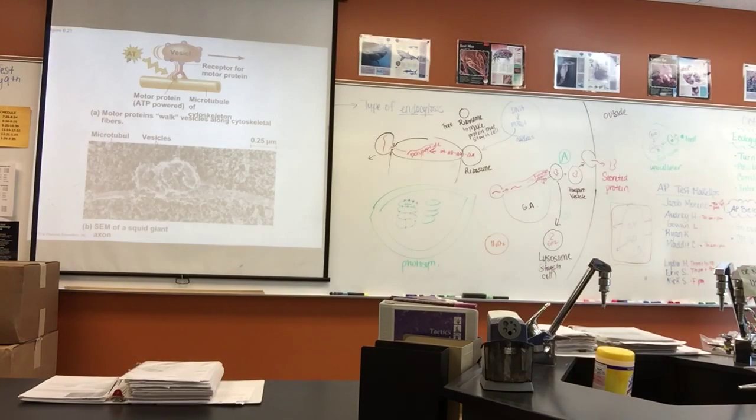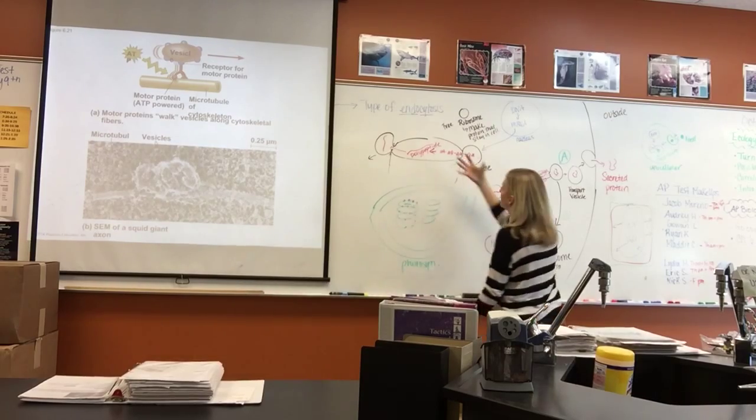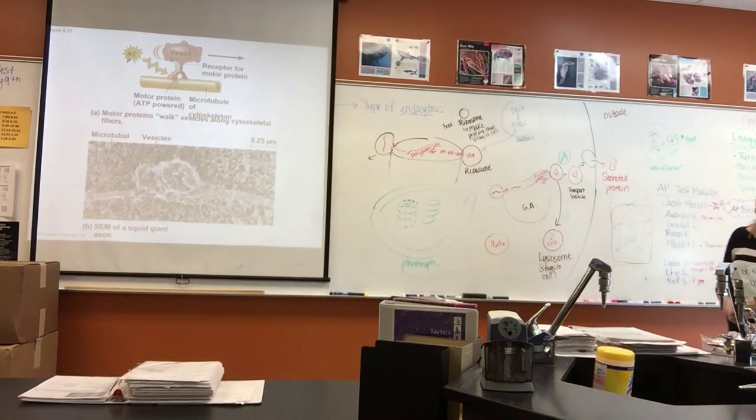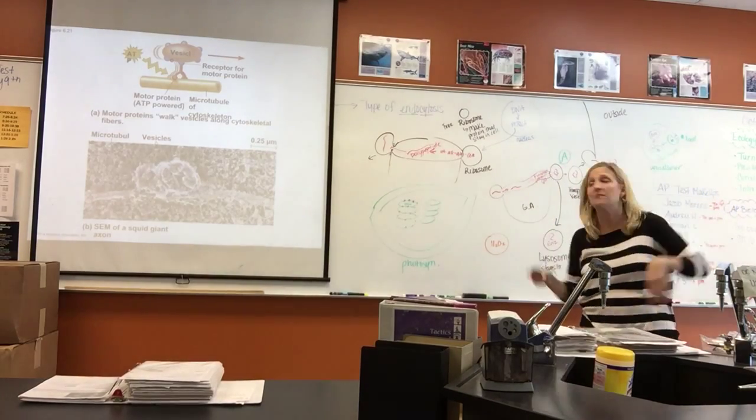Another thing that the cytoskeleton does, and this is specific to the microtubules, is it's kind of like a train track system in the cell. So this right here is a vesicle, like our transport vesicle. Transport vesicles have to go from one part of the cell, like the rough ER, to the Golgi apparatus. So how those can go is they can actually ride on a microtubule.